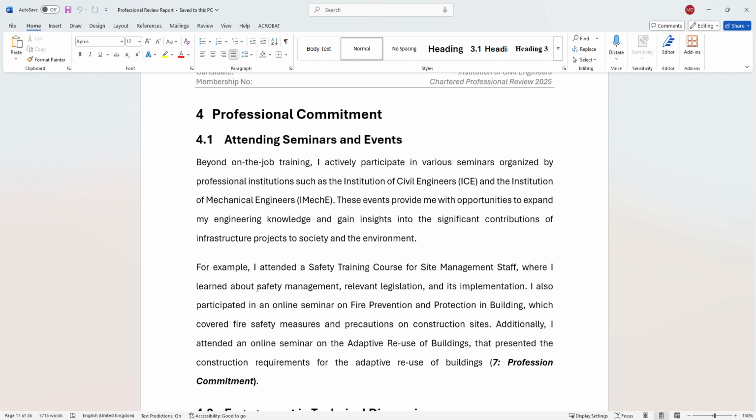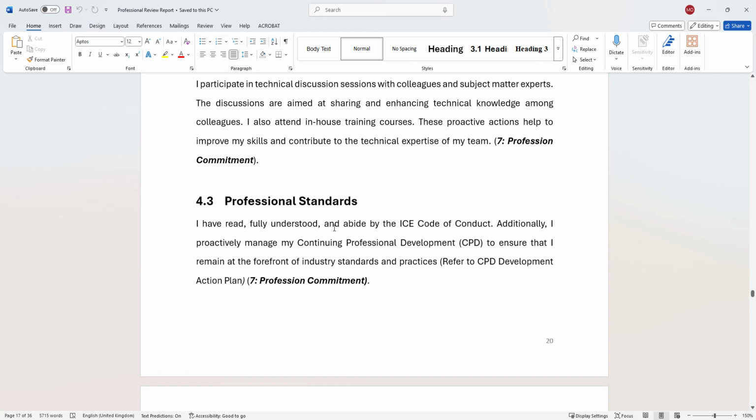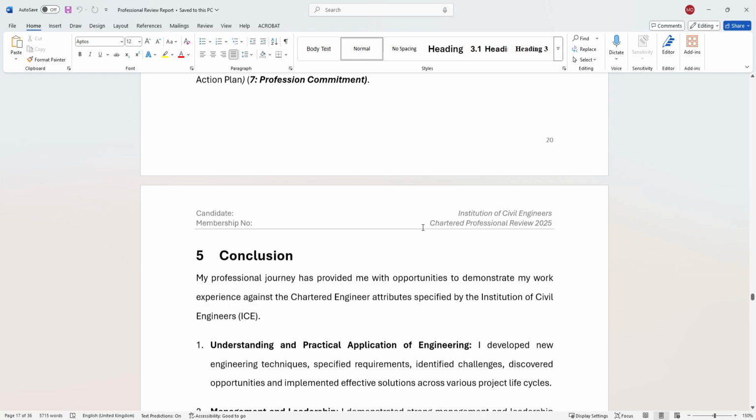So you must be attending refresher courses or new courses, at least 4 every year. Engagement in technical discussions, professional standards. So the candidate has read and fully understands and abides by the ICE Code of Conduct, and the candidate performs CPD.